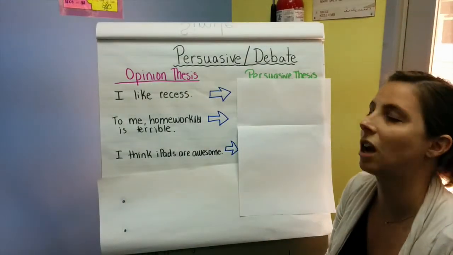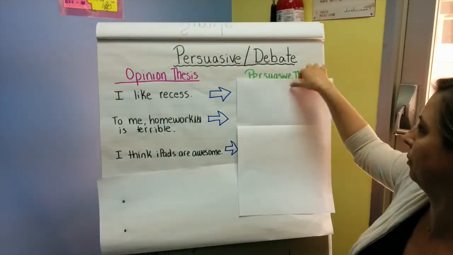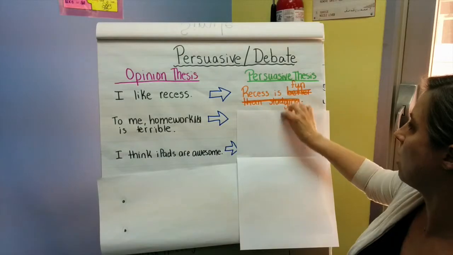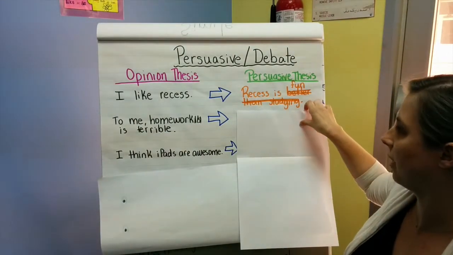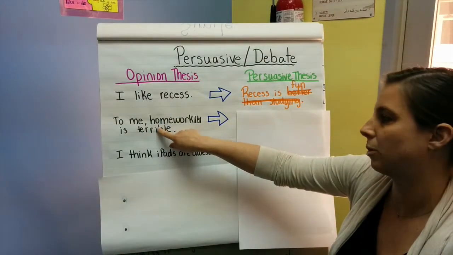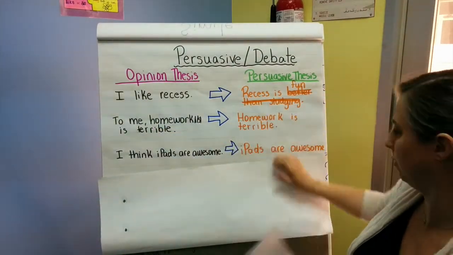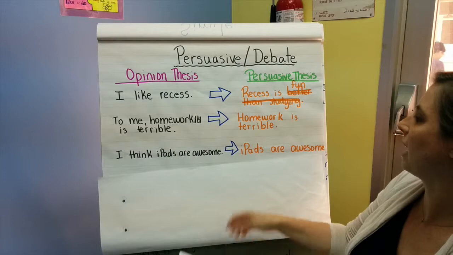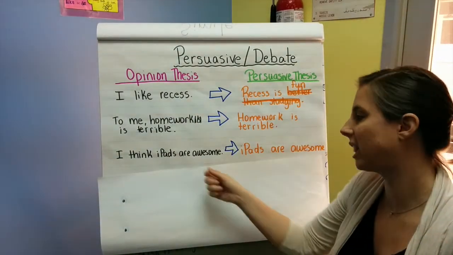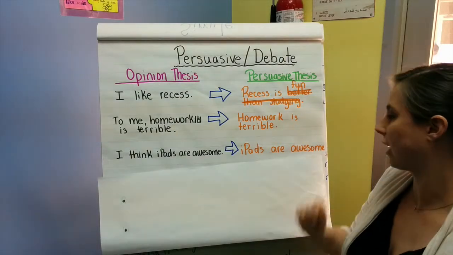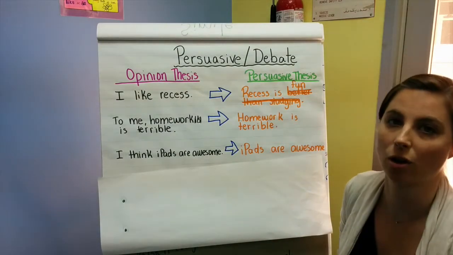So I could change I like recess to recess is fun. All I did was take out the I. To change the next one, to me, homework is terrible, I can say homework is terrible. For the last one, I think iPads are awesome, I could change it to iPads are awesome.